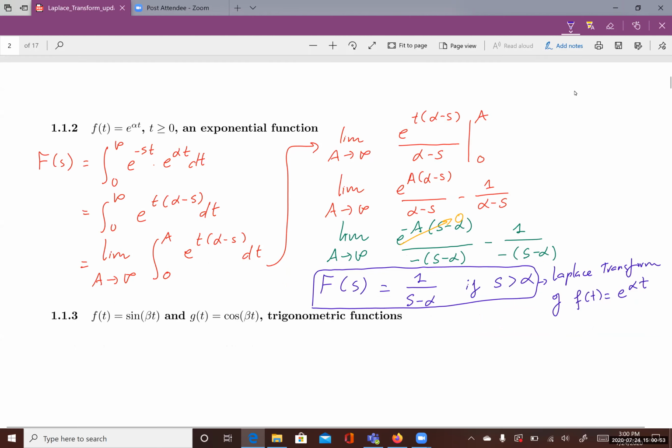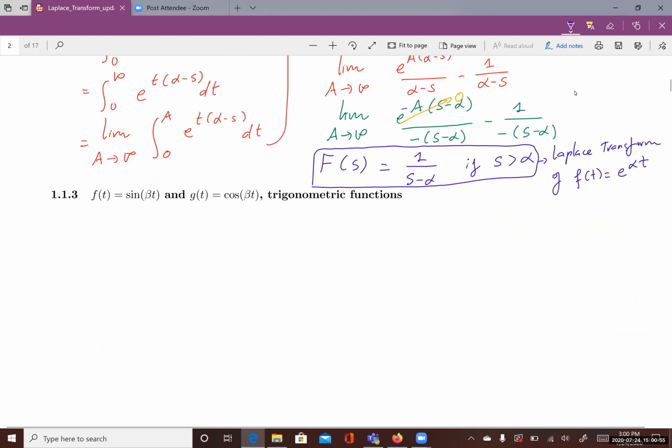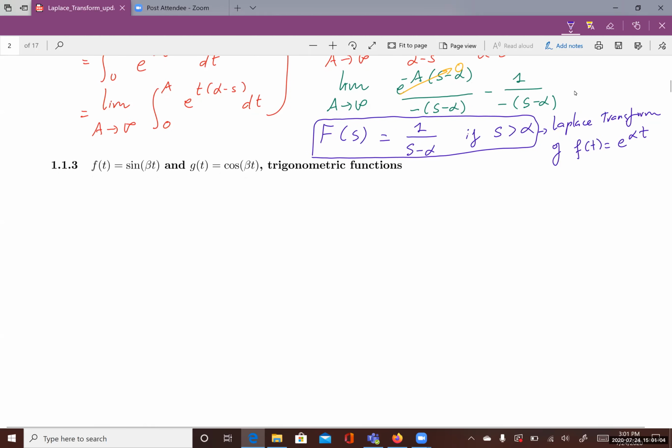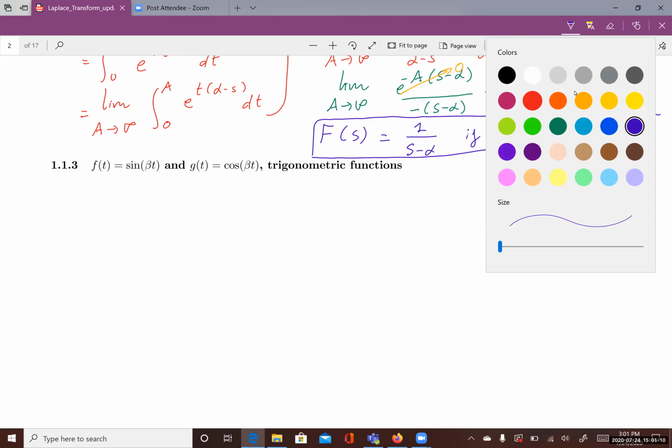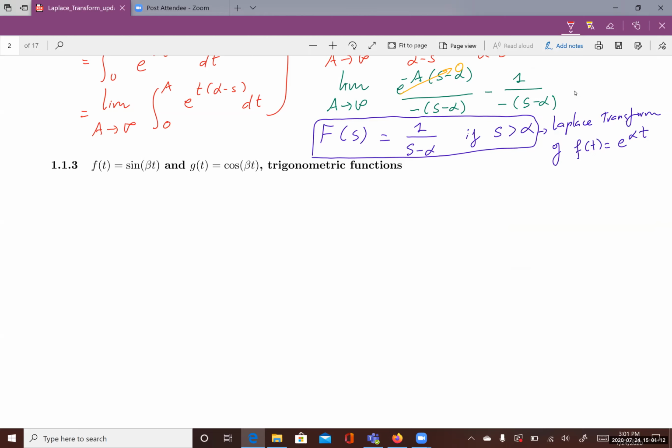All right, now we're going to try to find the Laplace transform of sine beta t and cosine beta t. Again, we will use the definition, the Laplace transform definition, but we can foresee that the integration will get messy, right?